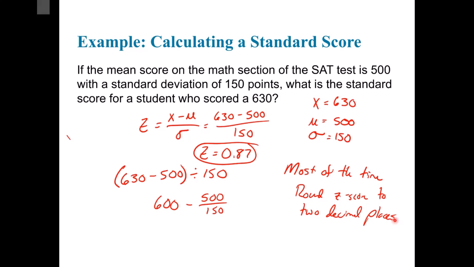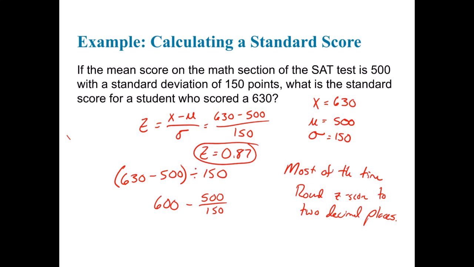So what does this z-score tell us? We get a lot of information from this z-score. So first look at your sign. In this case, is it positive or negative? It's positive. So that means whoever the student was who scored a 630, they were above the mean, or above the average.